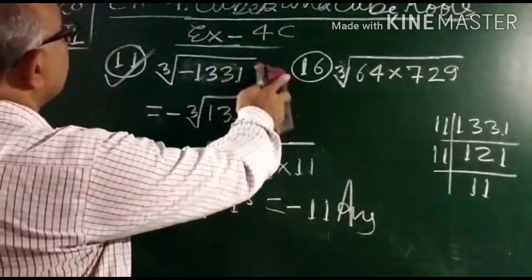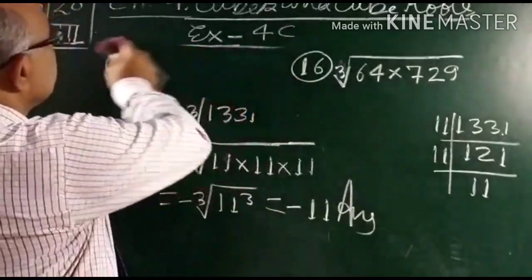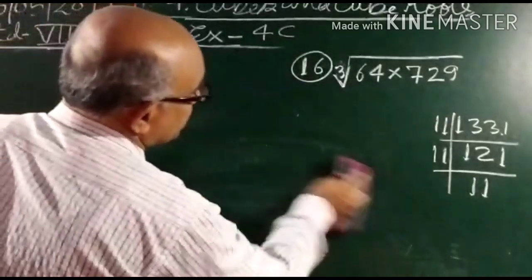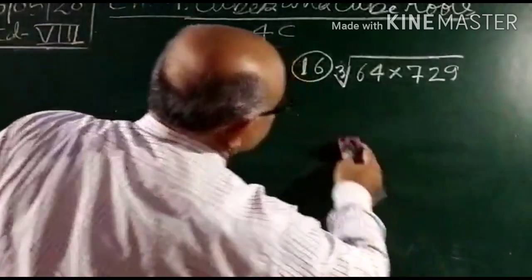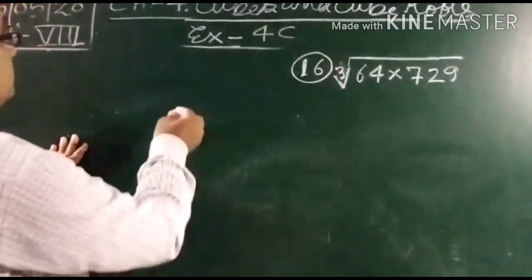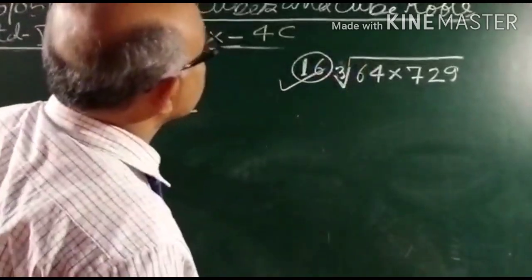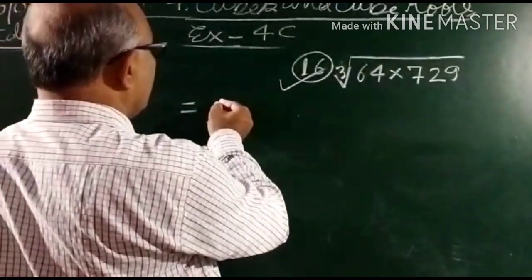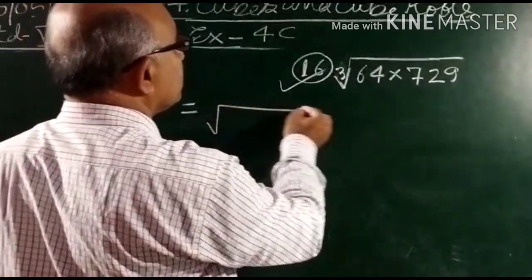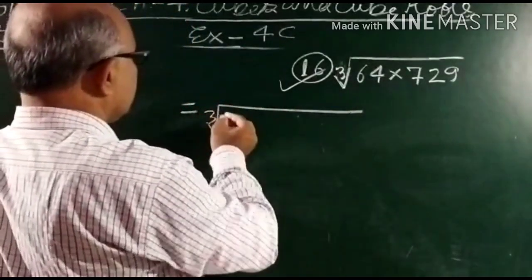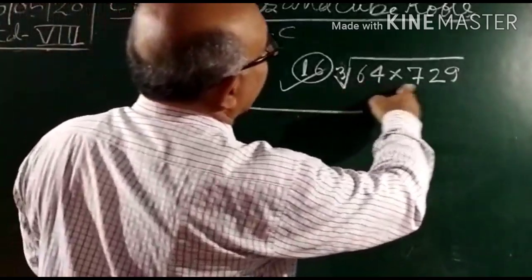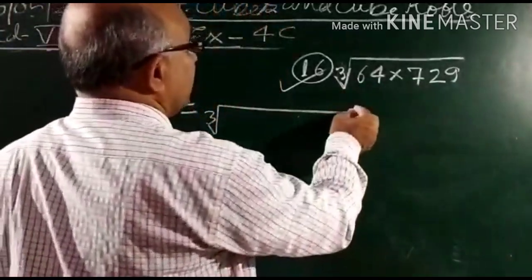Write it. Now next question, solve. Question number 16 is cube root of 64 by 729.